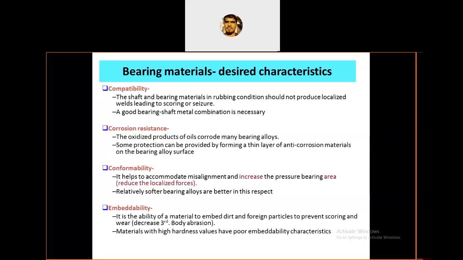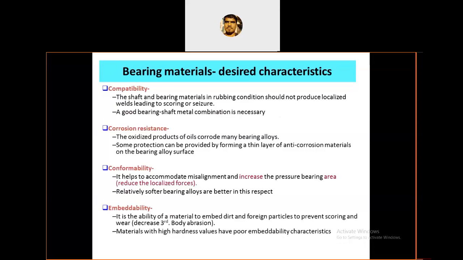There is a chance of misalignment between the shaft and the bearing, or if the viscosity of the lubricant is very low, in that case also there is misalignment. If that misalignment increases, it may increase the contact area, then increase the friction, then lead to wear.